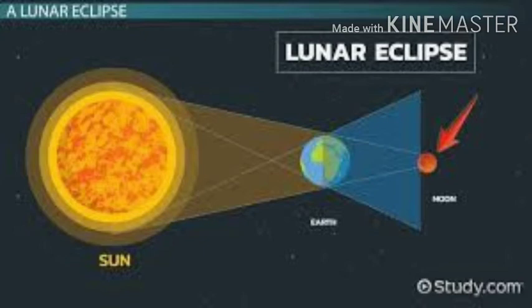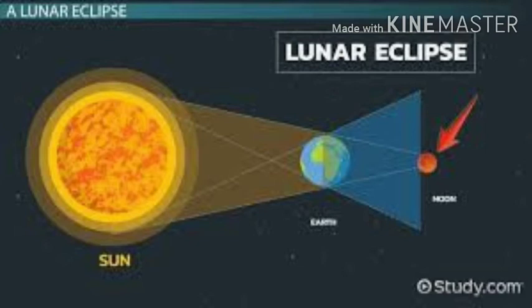Next, we will see eclipse and astronomical event, meaning eclipse connected with astronomy events. A solar eclipse or lunar eclipse is just an astronomical event. There is nothing auspicious, meaning good, or inauspicious, meaning not good, about these events.